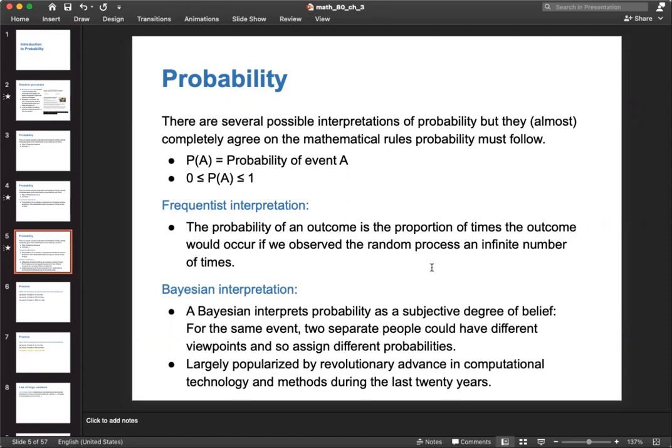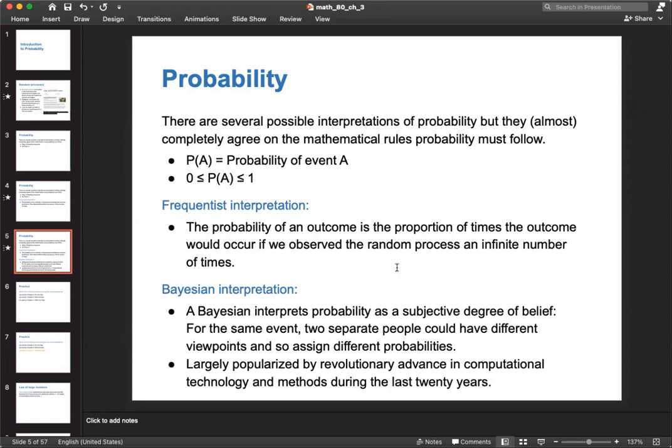So if you repeat an experiment an infinite number of times, the proportion is what gives you the probability. What I mean by proportion is the number of times the event occurs divided by the total number of trials, right?